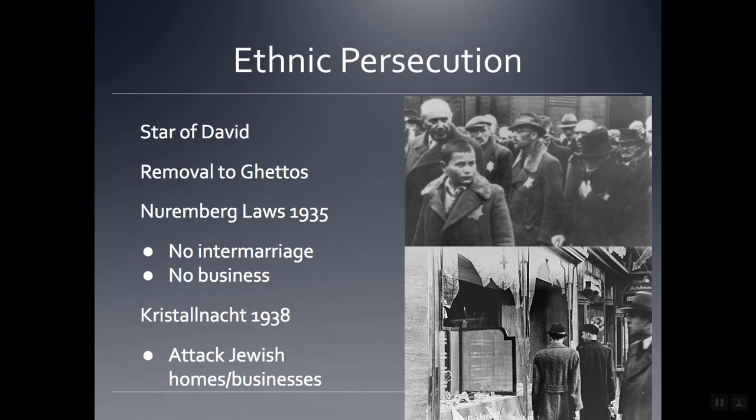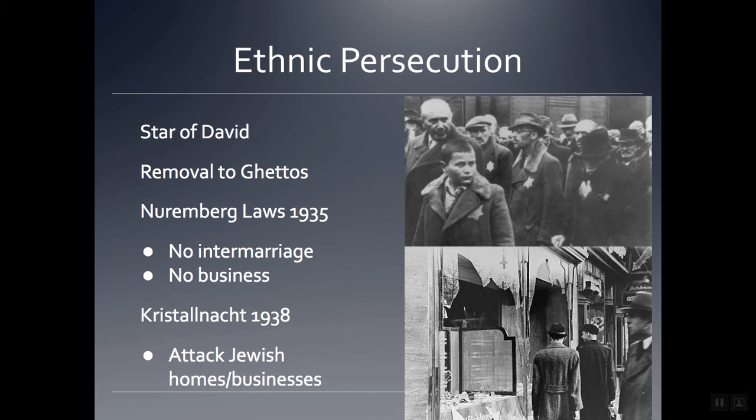Ethnic persecution was absolutely rampant in Germany when the Nazis took over. There's a few things that they did to solidify their power and place the blame fully on somebody else. And that's what a lot of the focus of the Nazi Party was, placing the blame somewhere else.